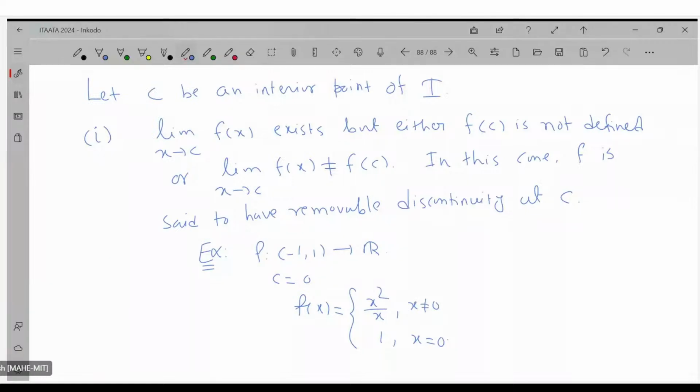Actually, 0 is such a point that it looks really bad, so take instead of 0, take something else. That will look better.